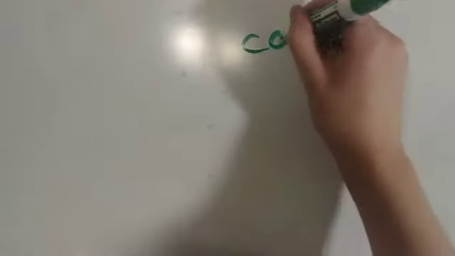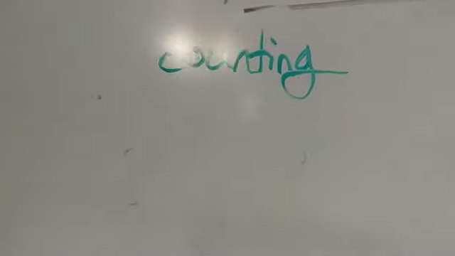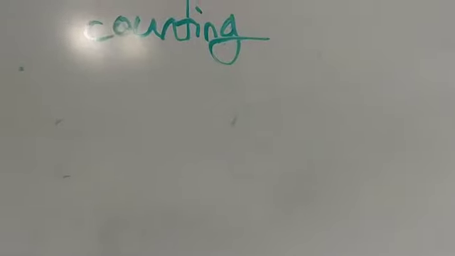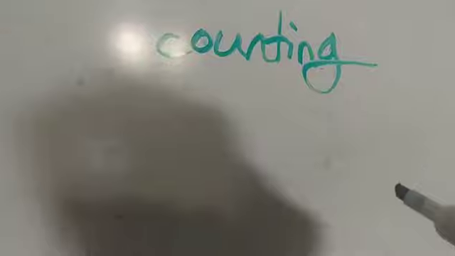Okay, so first I'm going to write out the counting sequence. And yes, I got a new marker, so this one will be working better. Okay, so what I'm going to do for this is I'm going to put them all in the prime factor base, and I'm going to give it 4 digits because that's just what I'm going to do.